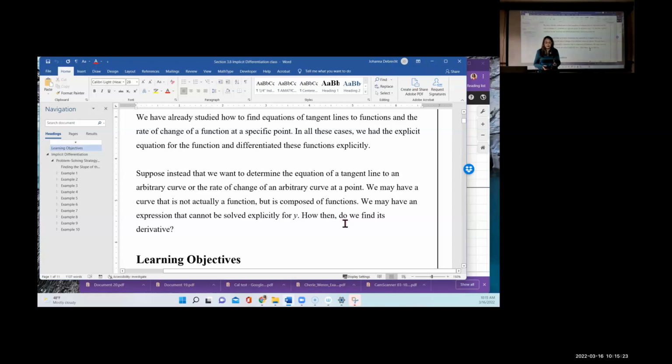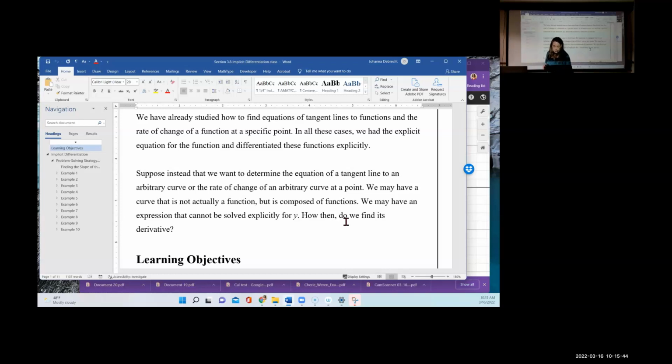We've studied the rate of change of a function at a specific point, but we've always known exactly what the function was. We always had y equals some equation, and we had the point. We're still going to have the point, but we're no longer going to have y equals an equation.